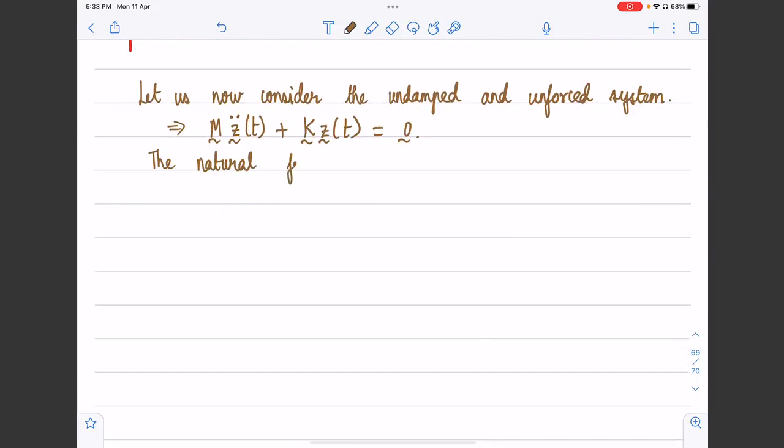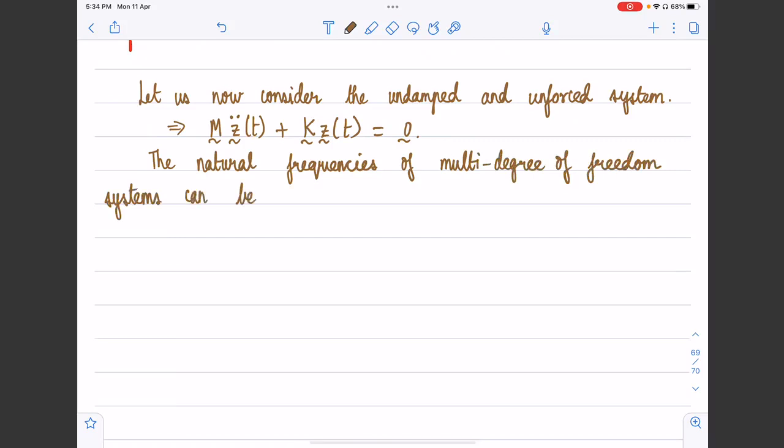The natural frequencies of multi-degree of freedom systems, which are expressed in this form, can be obtained by solving determinant of minus omega squared M plus K is equal to 0.